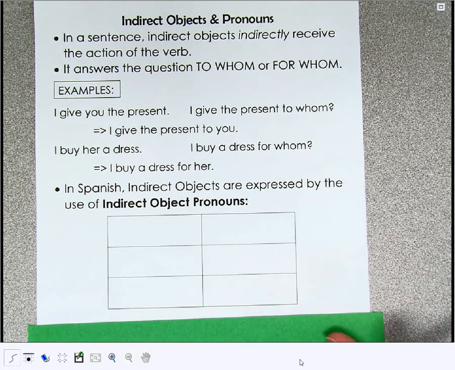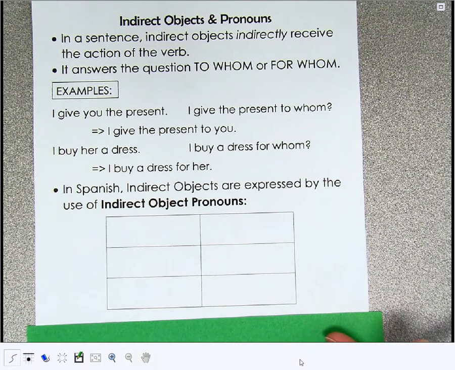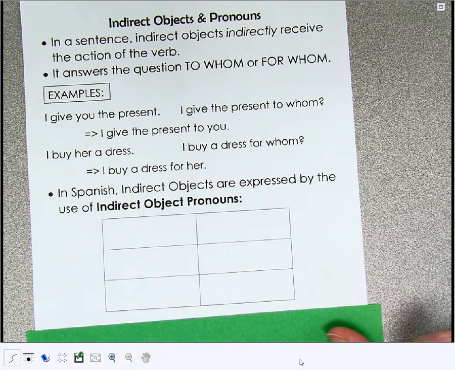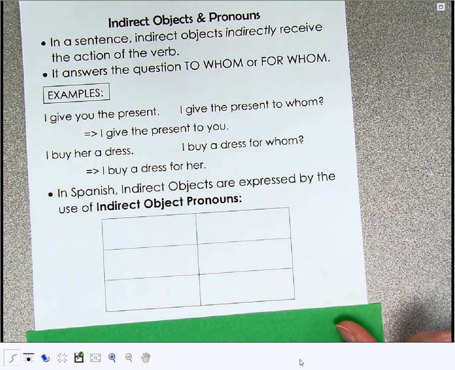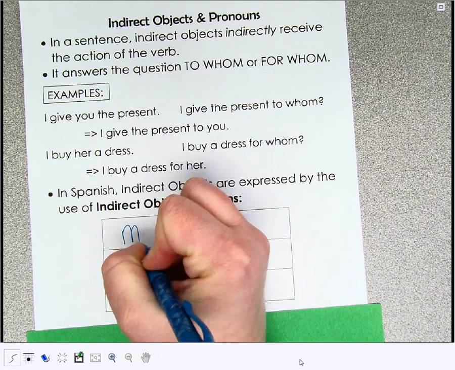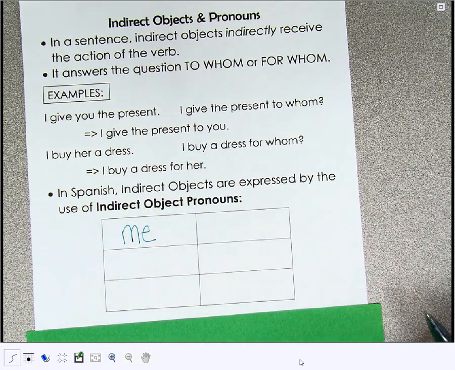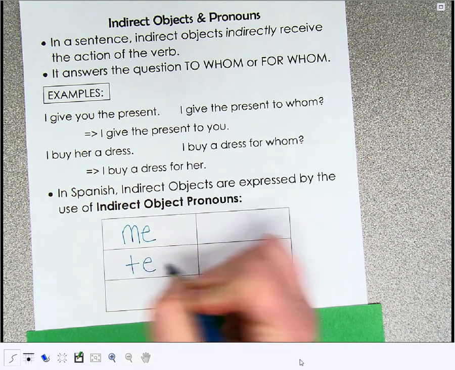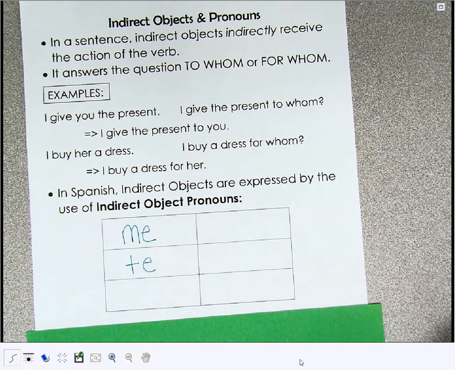Okay, we know our indirect object pronouns. So, what pronoun means to me or for me? Me. To you or for you is te.